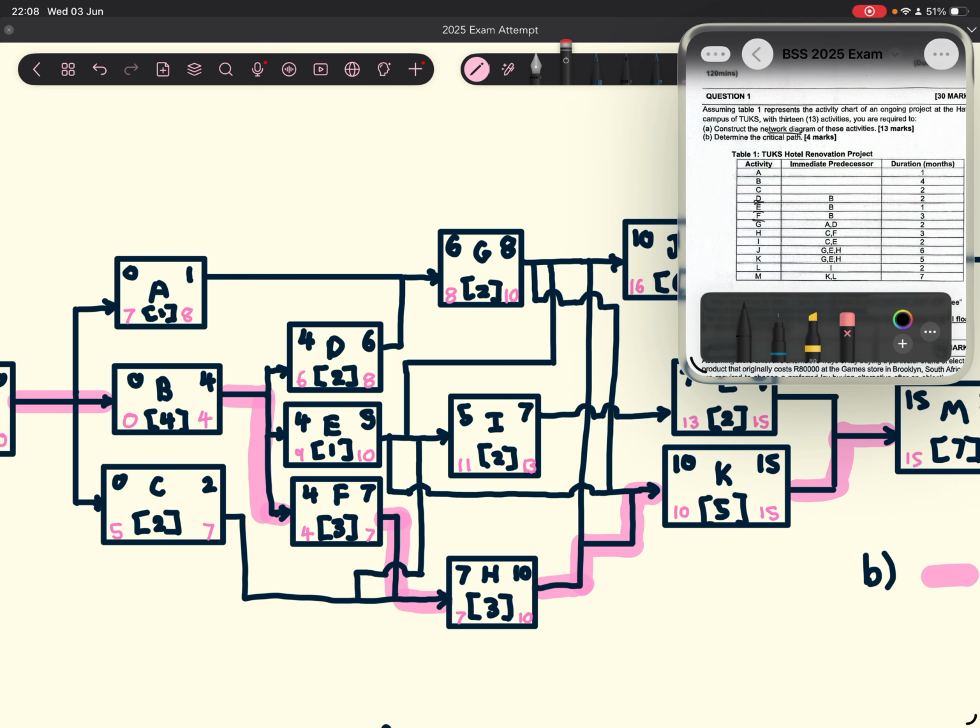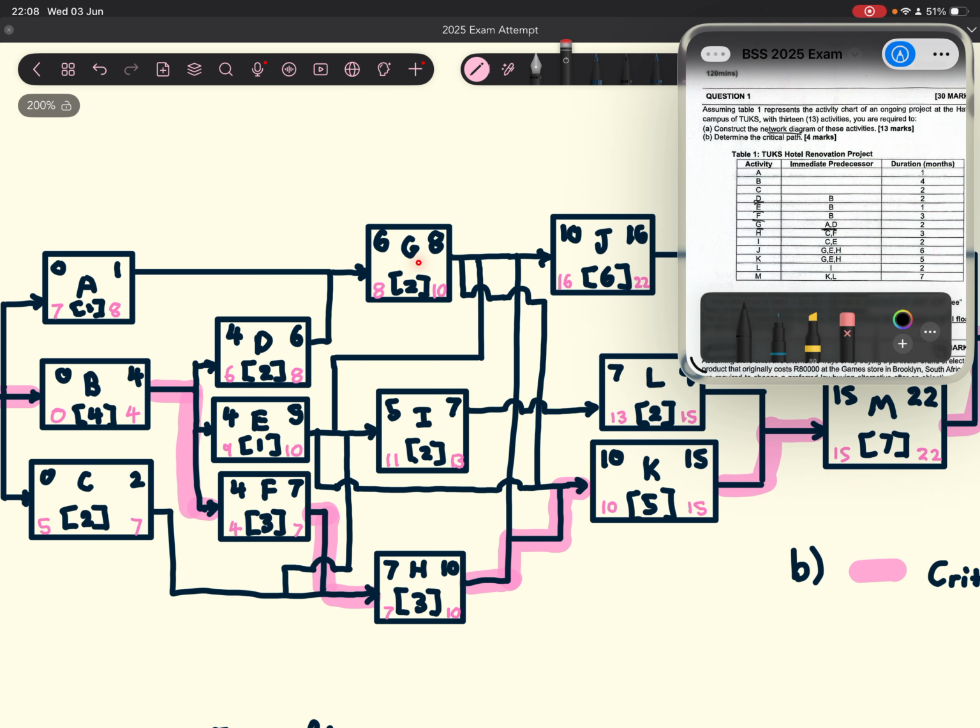So 4 plus 2, 6, 4 plus 1, 5, 4 plus 3, 7. Cool. And then after that, we go to activity G, which depends on both activity A and activity D. So G over here, we're going to connect A to that, and we're going to connect D to it.